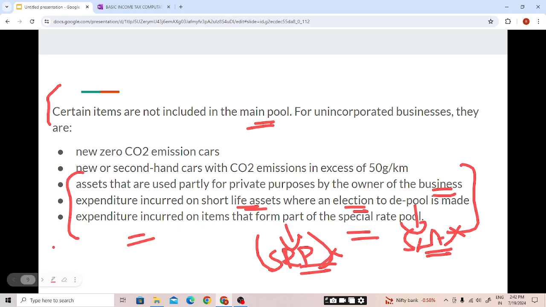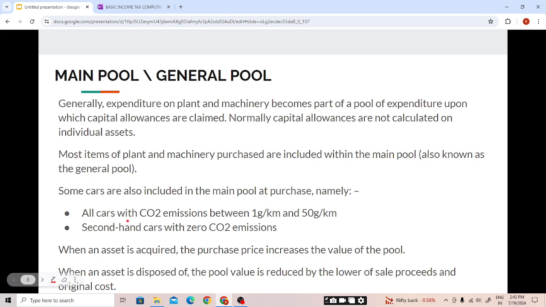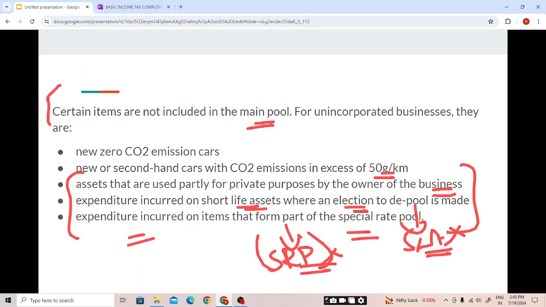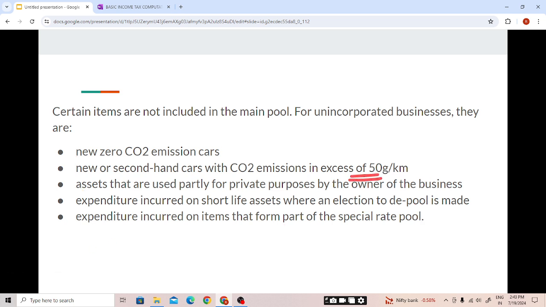Now, students, we have seen here all cars with CO2 emission between 1 gram per kilometer and 50 gram per kilometer will be included under the main pool. But if it is above 50 gram, it will come under special rate pool. We'll be covering that in detail. So new or second hand cars with CO2 emission in excess of 50 gram per kilometer will not be treated under main pool.